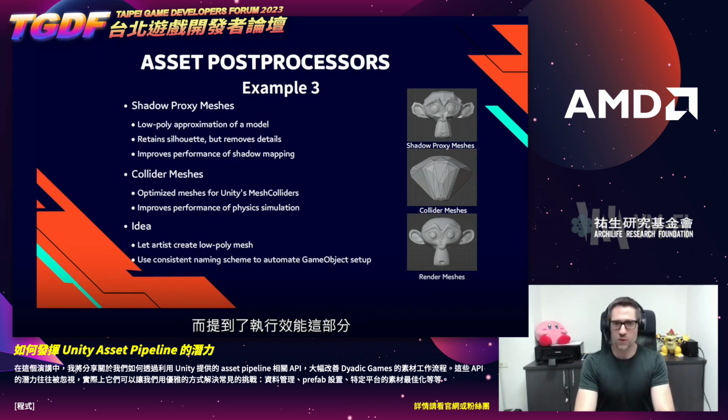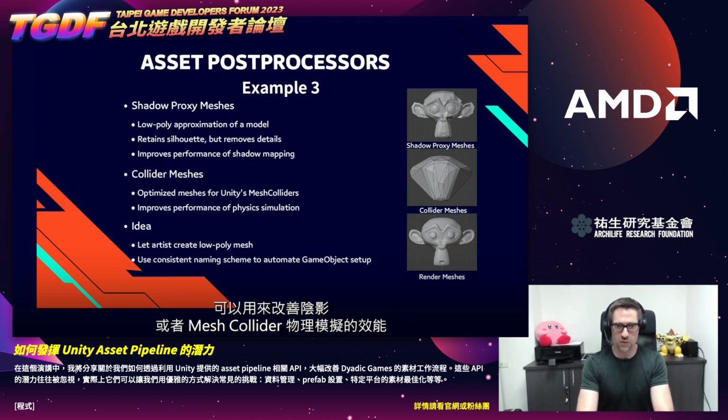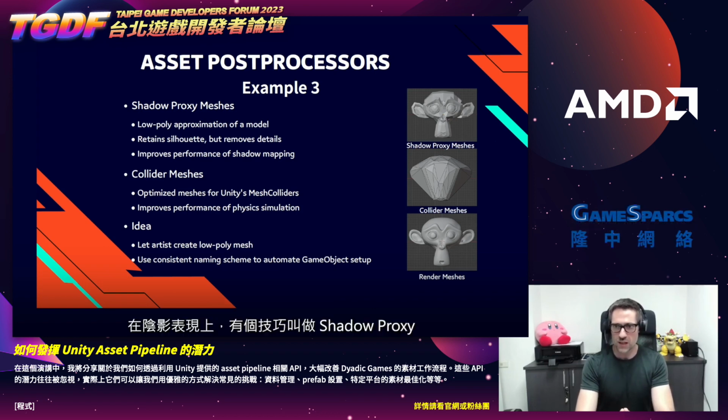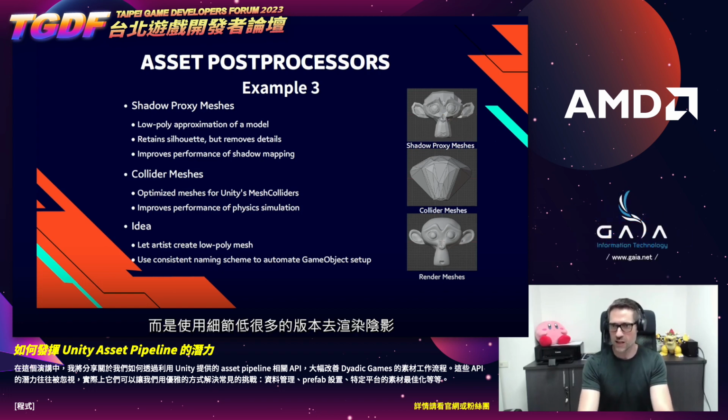Speaking about runtime performance, there are different techniques that game developers use, for example, to improve the performance of shadow mapping or the performance of physics simulation with mesh colliders. In terms of shadow mapping, there is a technique called shadow proxies, which means instead of using your high poly render mesh, you create an approximated mesh with much less detail that can be used for shadow rendering.